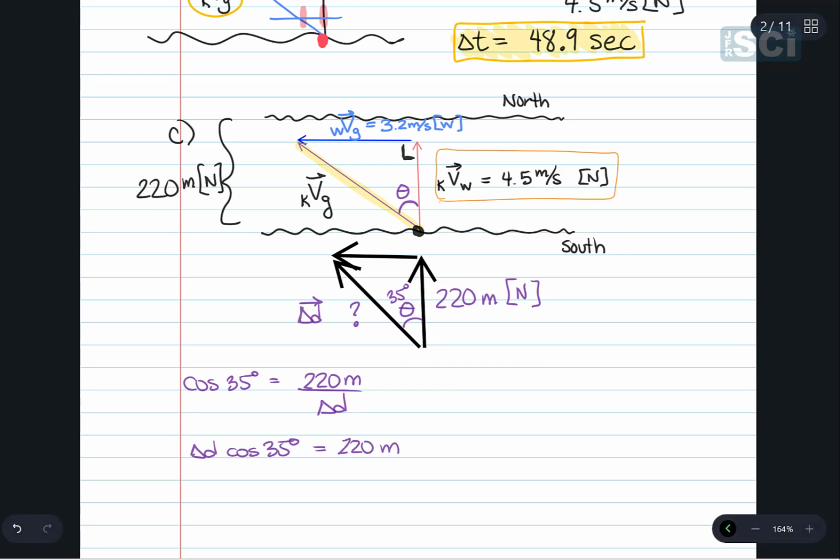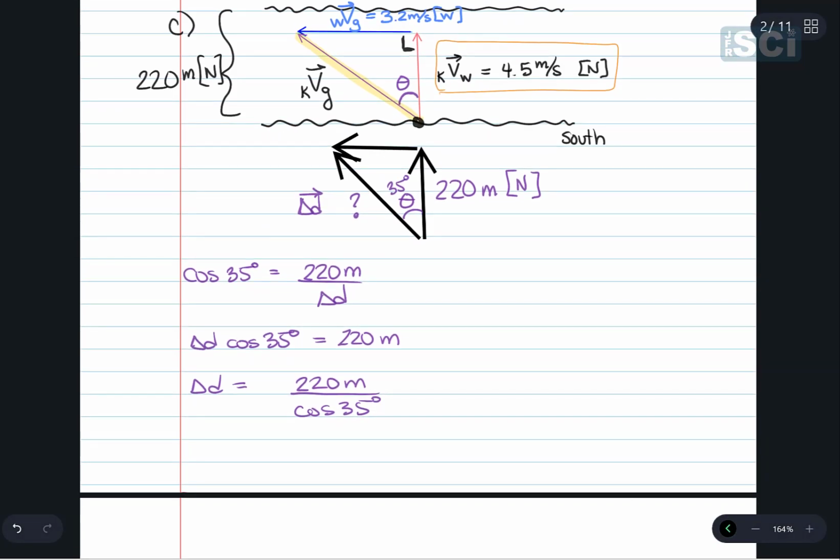Delta D is going to be 220 meters divided by cosine of 35 degrees. Let's punch that through a calculator and find out what we got. 220 divided by cosine of 35, we end up getting 268.6 meters. So delta D is going to be 268.6 meters, which allows me to say delta D as a vector is 268.6 meters in what direction? Well, north, 35 degrees west.